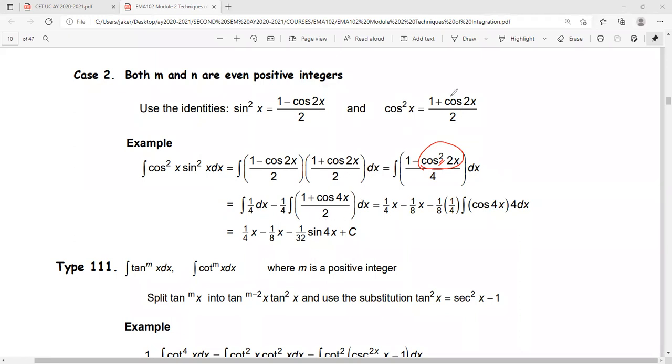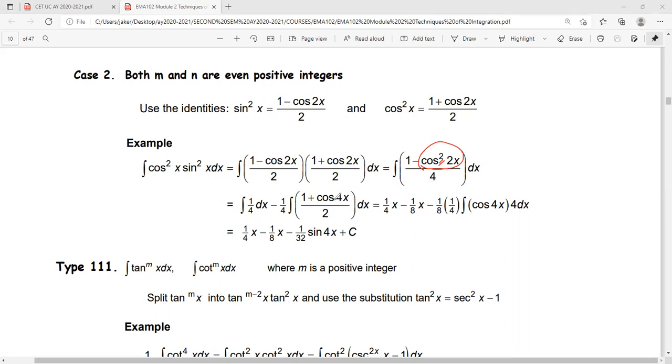Double angle cosine is a plus between 1 and the cosine of the double angle. So you have 1 plus cosine of 4x. We double the 2x, it makes it 4x. Now, this 1/4 and this 1/2 becomes 1/8. And since this is minus, so you have here minus 1/8 x.